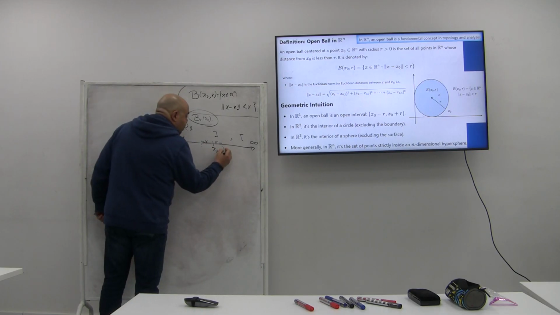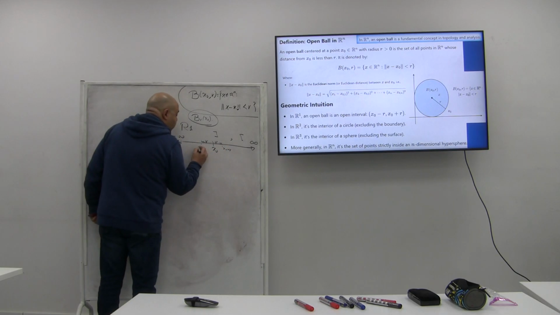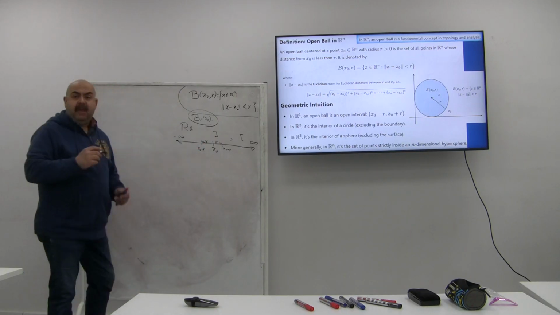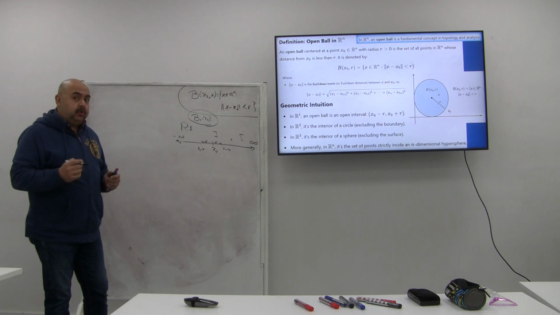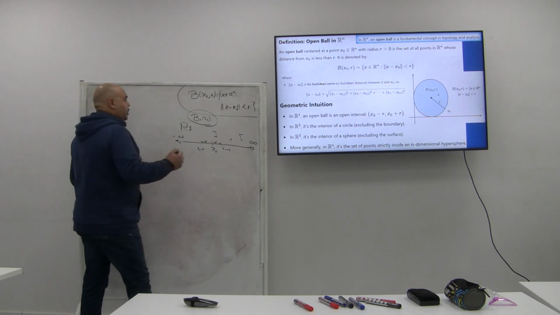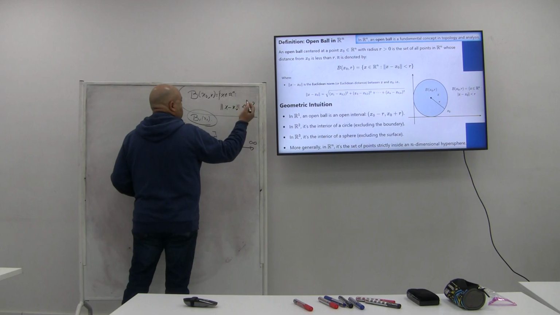The upper bound is going to be x node plus r, and the lower bound x node minus r. Also, one of the famous notations that's used with open balls is to consider, instead of r, just epsilon.